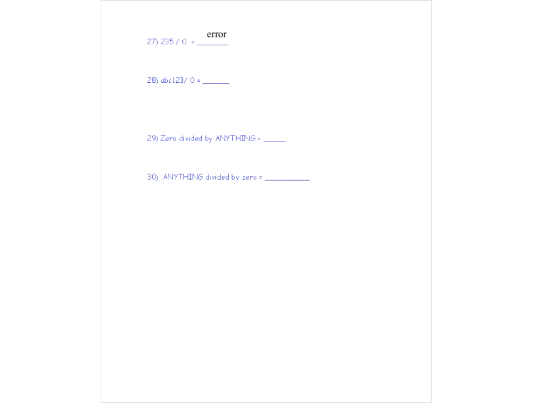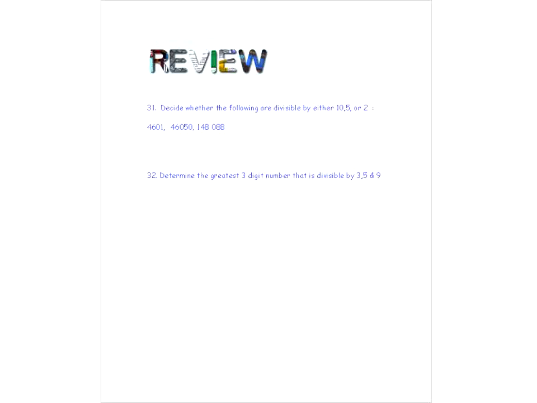Okay. ABC 1, 2, 3 divided by 0 is going to give us error, right? Okay, so the next two kind of sum up everything. 0 divided by anything is going to be 0, and anything divided by 0 is always going to be error, does not compute. Okay, so just remember that. I won't say thou shalt not divide by 0, just you shall not divide by 0.